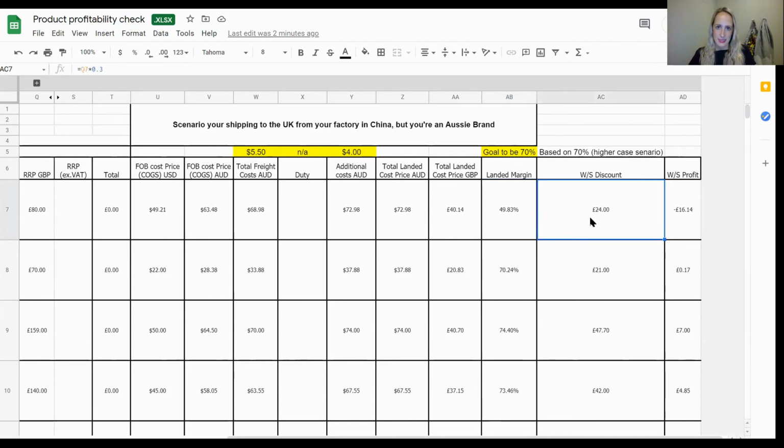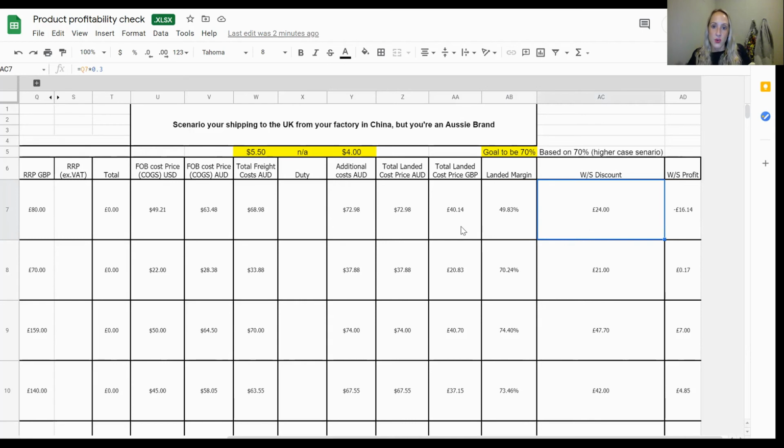And to explain for those of you that are considering wholesale, the reason why I'm saying 70 is, let's say you're selling to Zalando. Zalando can ask for up to 75% off your RRP as their take-home wholesale price. So in this scenario, if you deduct 70%, so you've sold it to Zalando for 80, you're only going to take home £24, because they're going to take the 70% of that selling price.